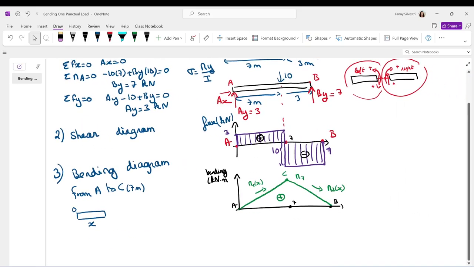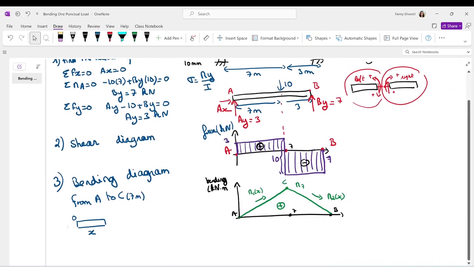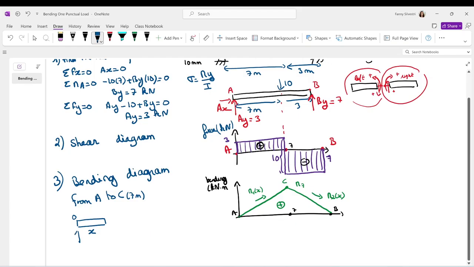And we add the force that we have on it. What do we have on this one? We have the force A that is pushing there, that is 3 kilonewton. And after that, we draw our unknown internal forces. So the N, the Vx, and the moment about x.